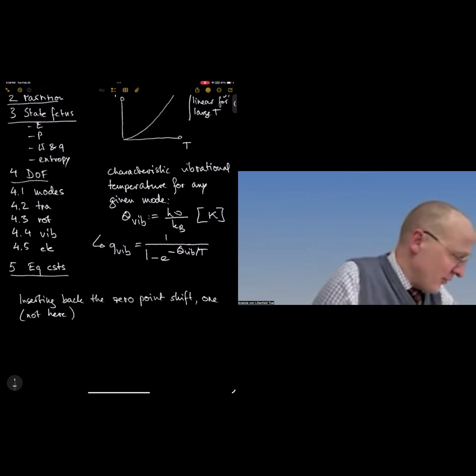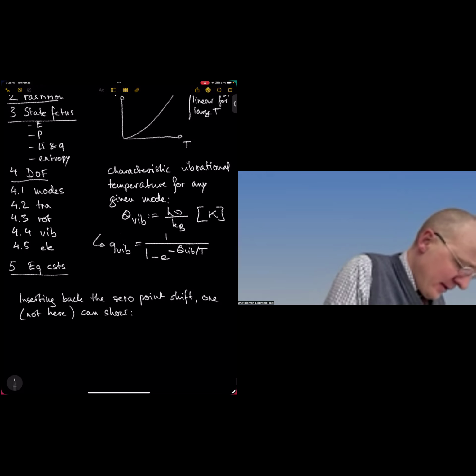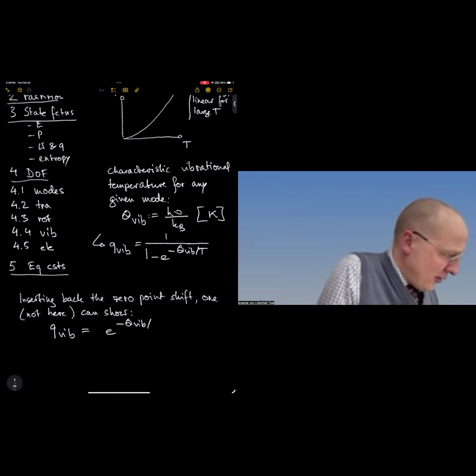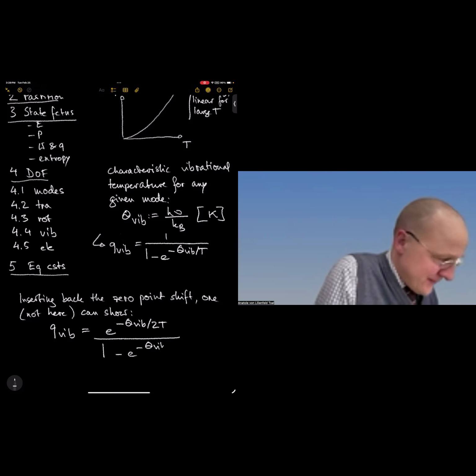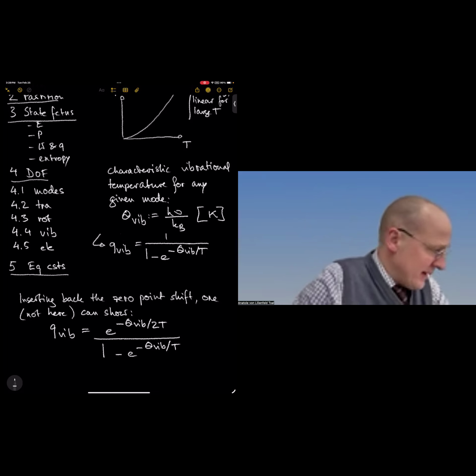We simply give you the solution, but one can show that Q vib becomes e to the minus theta vib over 2 times temperature over 1 minus e to the minus theta vib over T. So basically, you get this numerator due to the 0-point energy contribution.